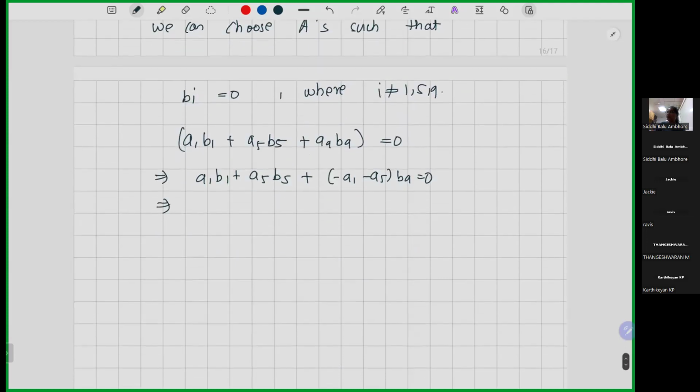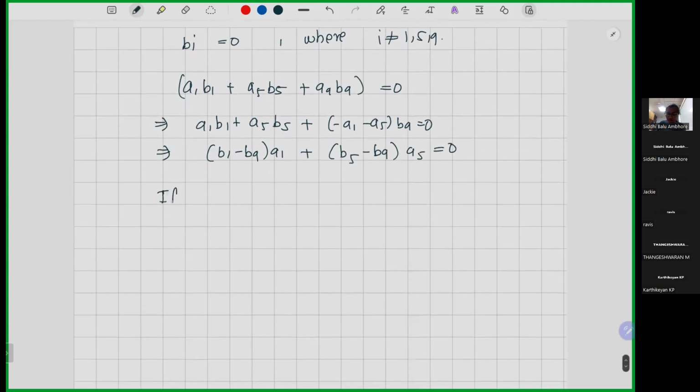And this will give me what? A1 into B1 minus B9, plus A5 into B5 minus B9. Let me just finish writing this, and then I will try to solve your doubts. I hope I'm writing it correctly. Yeah, is 0.